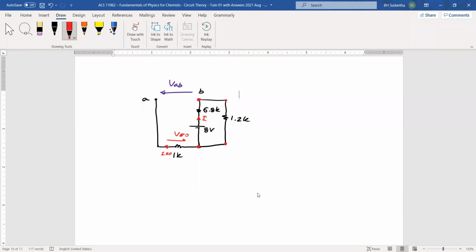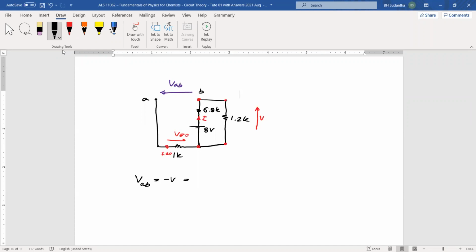Then this VAB, we are expecting in this direction, but the actual current is going through this one, then this voltage is appearing in this direction, V. Okay, then VAB is minus V.